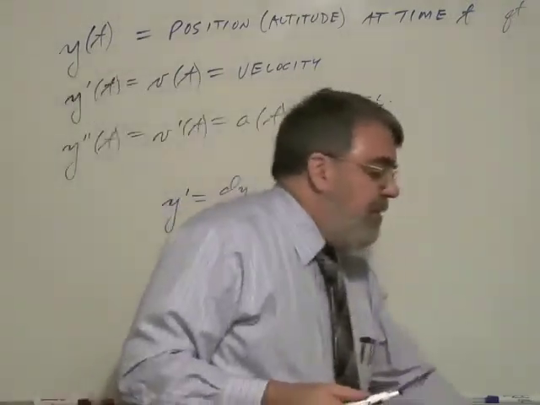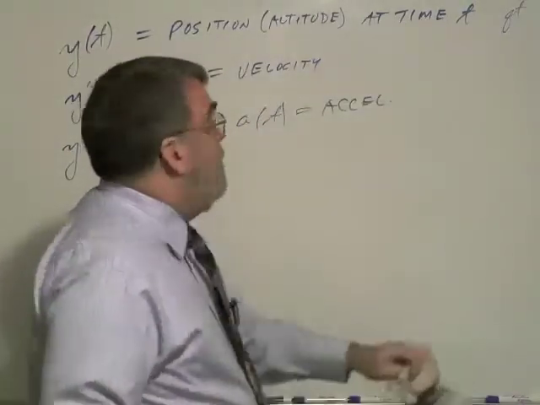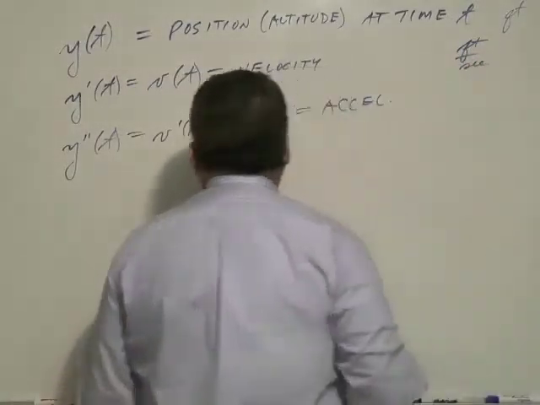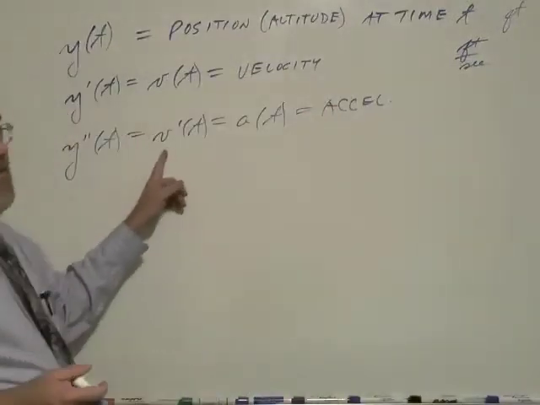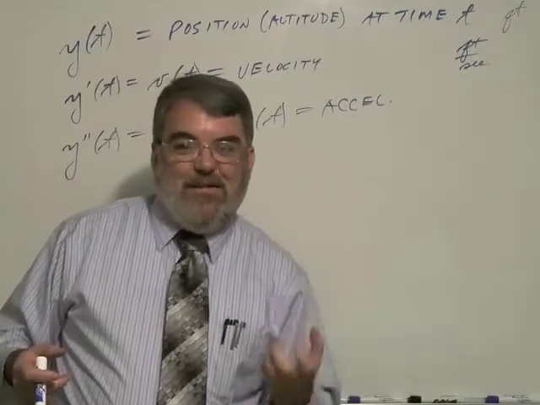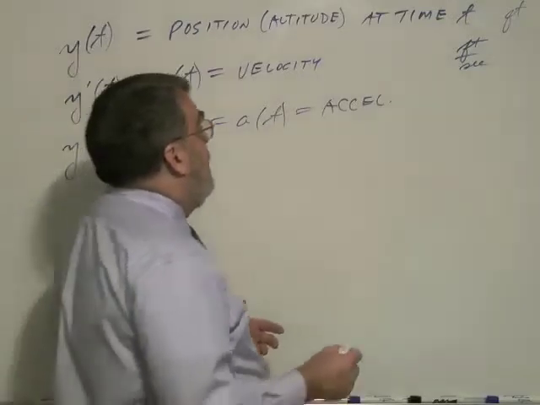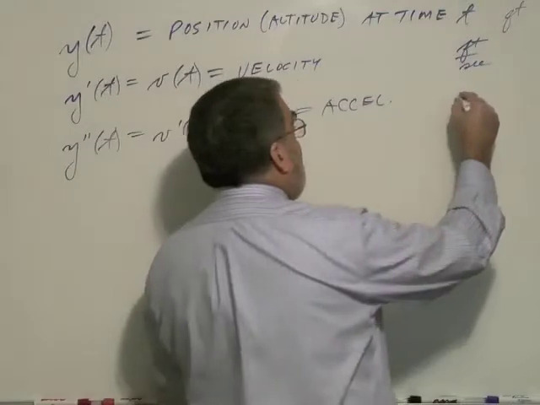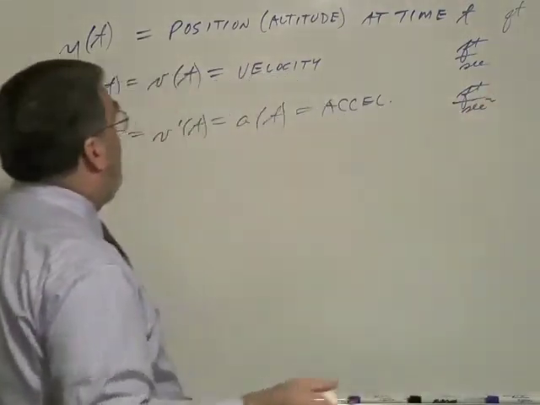When you take that first derivative, it changes the units to velocity units, feet per second. And when we take the second derivative, which is the rate of change of velocity, how fast speed or velocity is changing, that's called acceleration. Its units are feet per second squared.